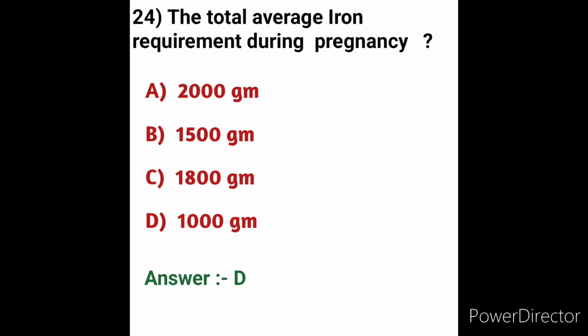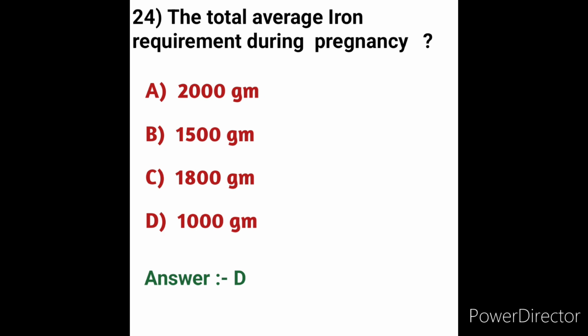The recommended dietary allowance of iron during pregnancy is approximately 1000 mg. Okay friends, option D is the correct answer. The sources: food like meat, chicken, fish, egg, dried beans, and also grains. So the average iron requirement of pregnancy is 1000. Option D is the correct answer.